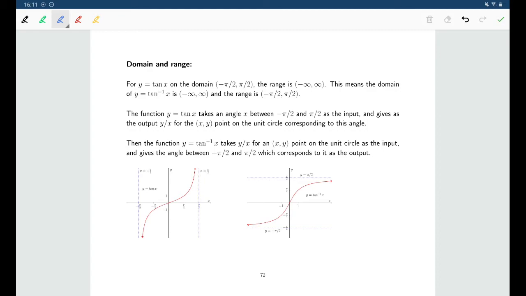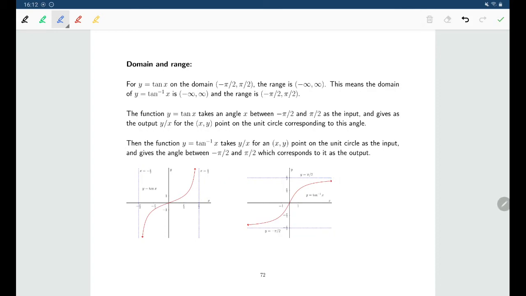But for tangent, although it's a restricted domain, the range is all real numbers. And that means that for tangent inverse, the domain would be all real numbers. That's something that's sort of unique here, because sine inverse and cosine inverse had restricted domains because sine and cosine had restricted ranges.